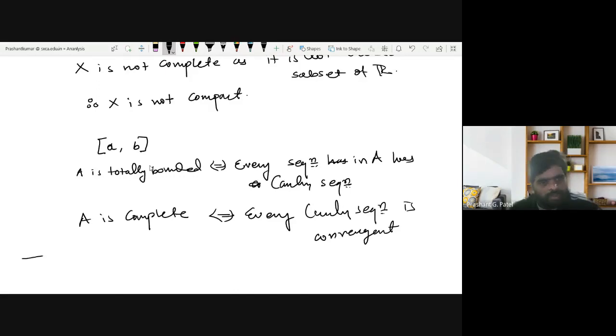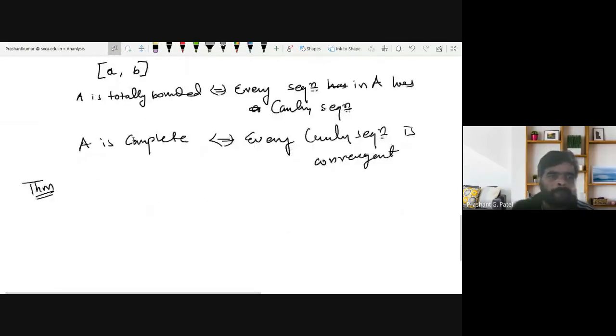can somebody state the next result regarding compactness? A is compact means it is totally bounded plus complete, so these two statements have to be true. So what will be the result for a compact metric space?